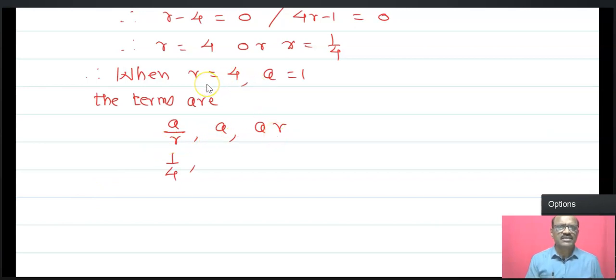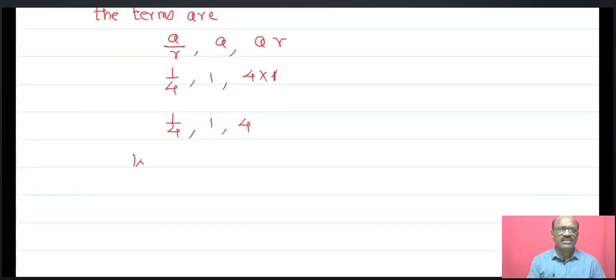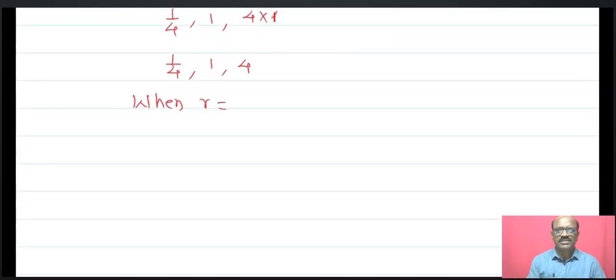Now in this case we will substitute the value of A is 1, R is 4, and next is A is 1, and next is 1 into R, that is 1 into 4, that will be 4. Now see the values: 1 by 4, 1 and 4. These are the terms which are in GP.